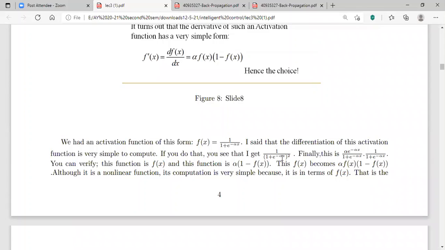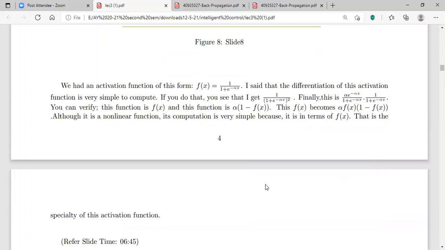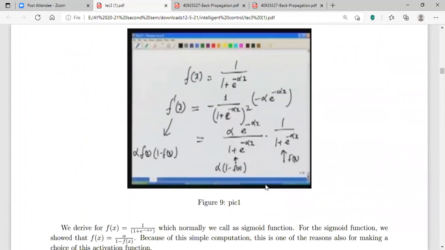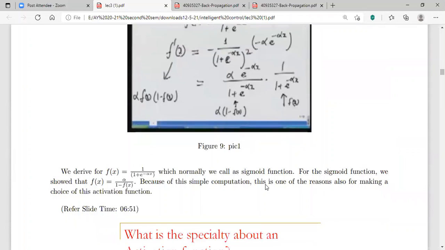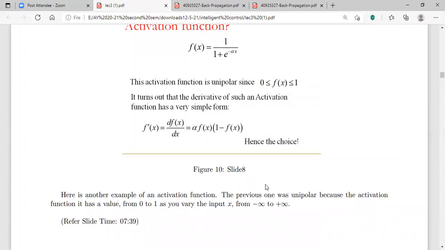Although this function is a non-linear function, its computation is very simple in terms of f of x, which is the specialty of this activation function. Usually, we use this sigmoidal activation function because of its very simple form, also unipolar.